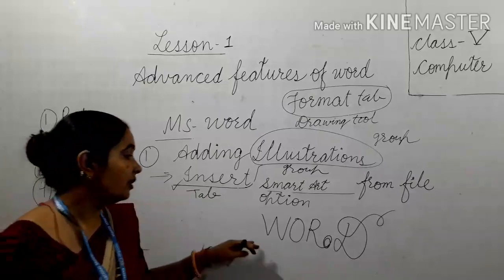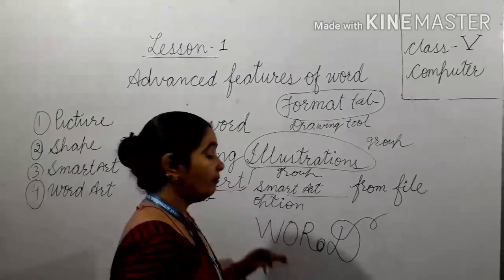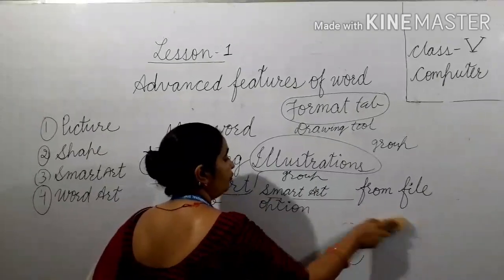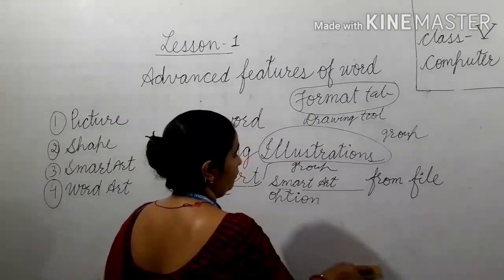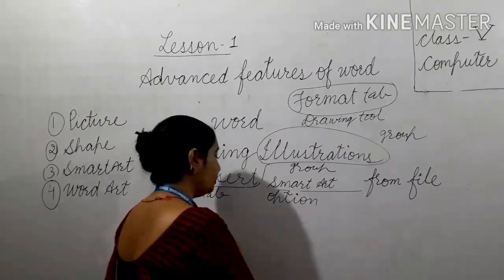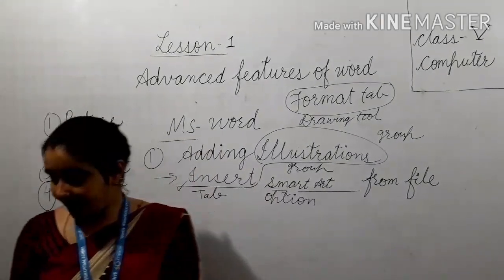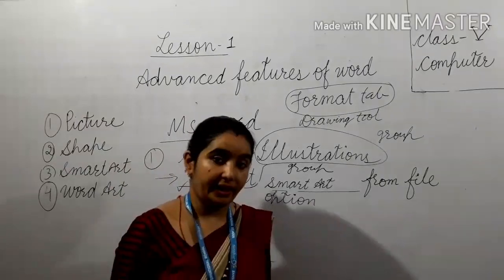So this word art, as its name says, is the art for the words. Whatever name you want to write in a designer form or a designer color, you can choose and make it. Word art consists of a set of decorative text.